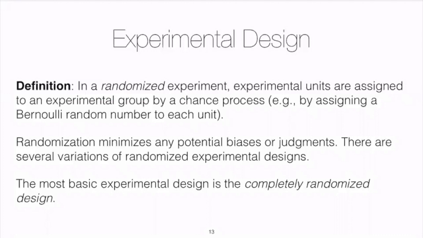So in a randomized experiment, experimental units are assigned to an experimental group, for example, treatments and controls, by a chance process. And the chance process could be assigning a Bernoulli random number to each unit, or it could be some other chance process. And just as a note, being assigned a control means something like being assigned the status quo or baseline.